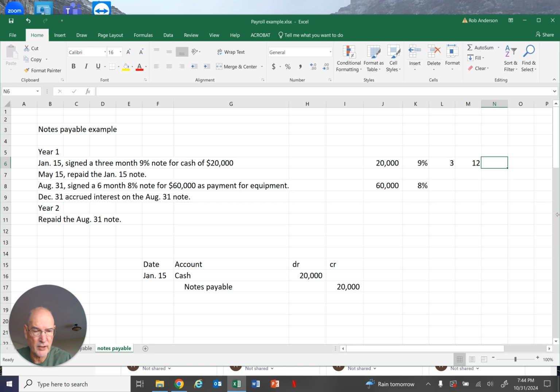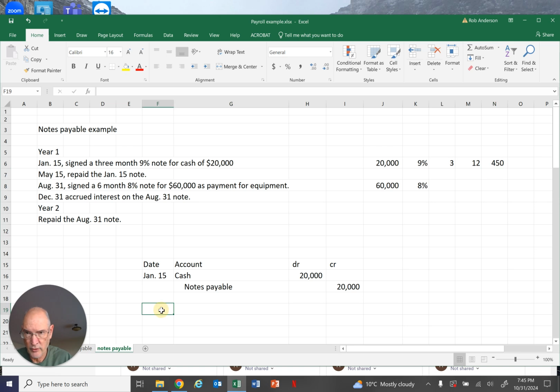So when we go to calculate this, we can just take our 20,000 and multiply by 9% and multiply by 3 divided by 12. And that gives us $450. So that is our interest expense for the 3-month period.